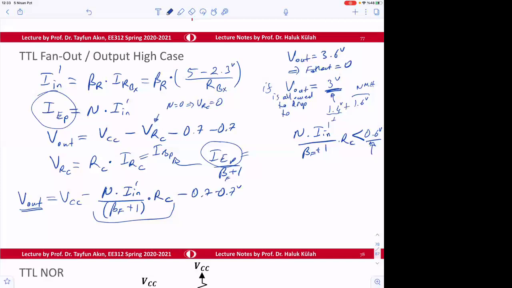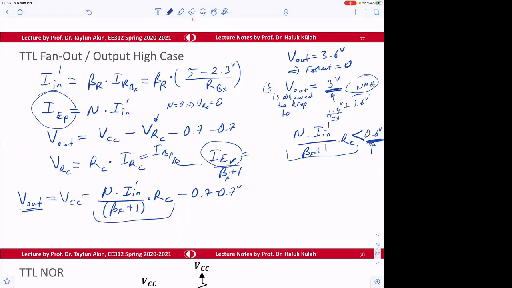This is the input high voltage. If we don't have any noise margin limitation, then this can drop to 1.4 volt, but that's the extreme case. Typically, we have a noise margin determined, and then we find this voltage here, 0.6, and that's what it is.